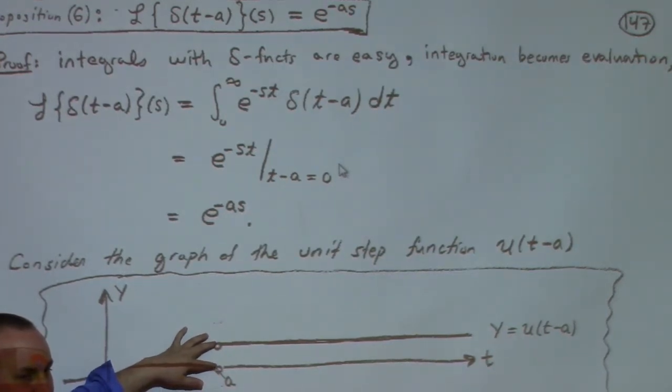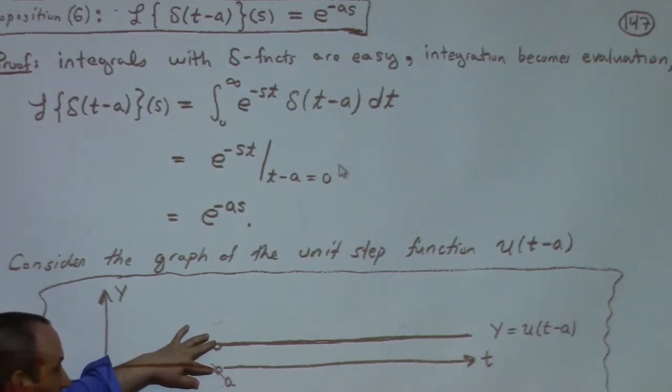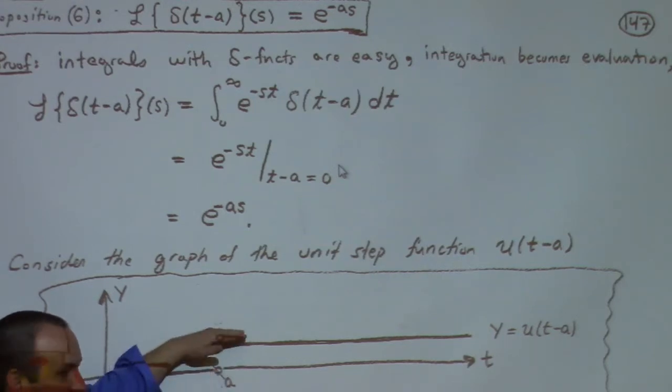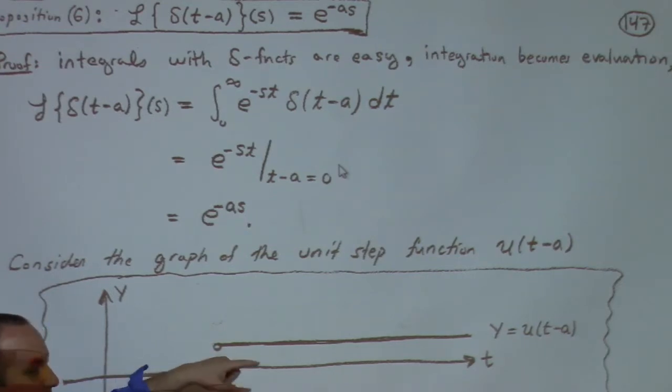But outside of calculus, which is where we are right now, we would say it's infinity, because it goes from this to that, it's increasing. In fact, the derivative of this function is the Dirac delta function at t minus a. You can meaningfully write d/dt of u(t minus a) is equal to delta of t minus a.